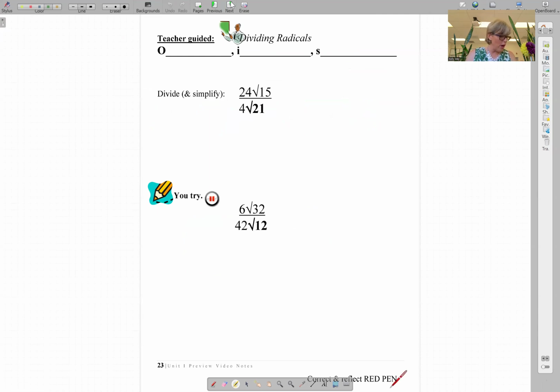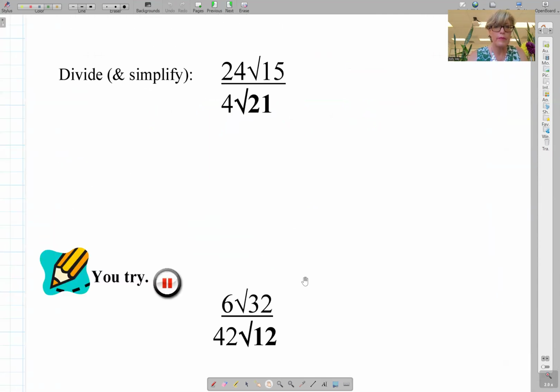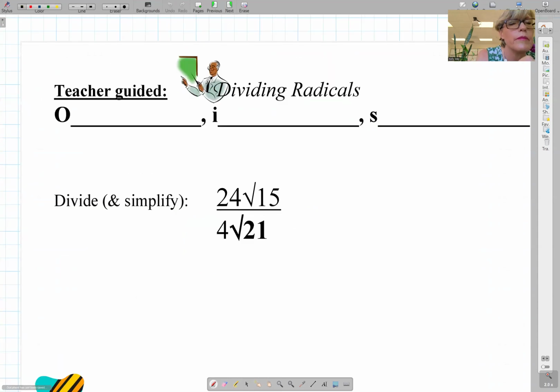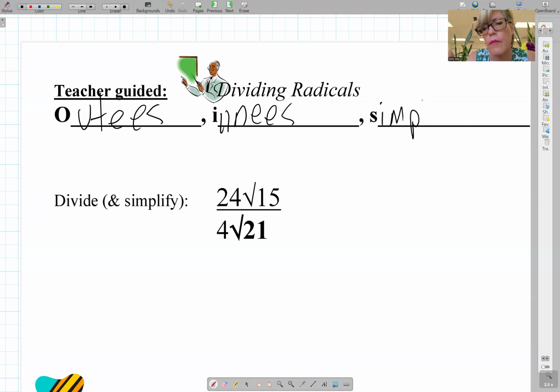Dividing follows the same process, except instead of multiplying, you're dividing. Outies, innies, simplify. Okay, so we have here 24 root 15 and 4 root 21.